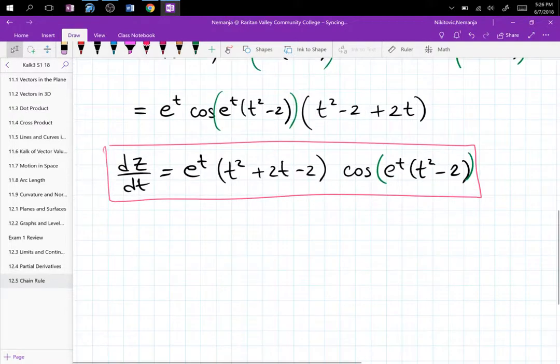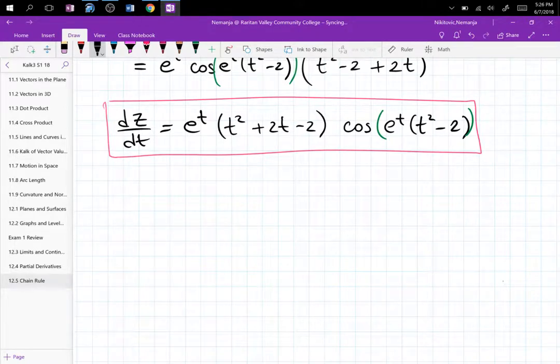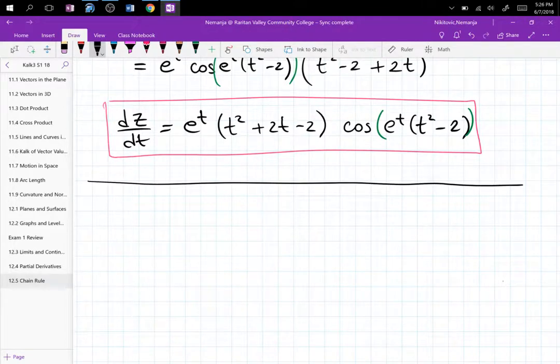Let's take a look at the next situation that we might. There's no way for me to do every single flavor that is out there, right? Say z is a function of x and y.